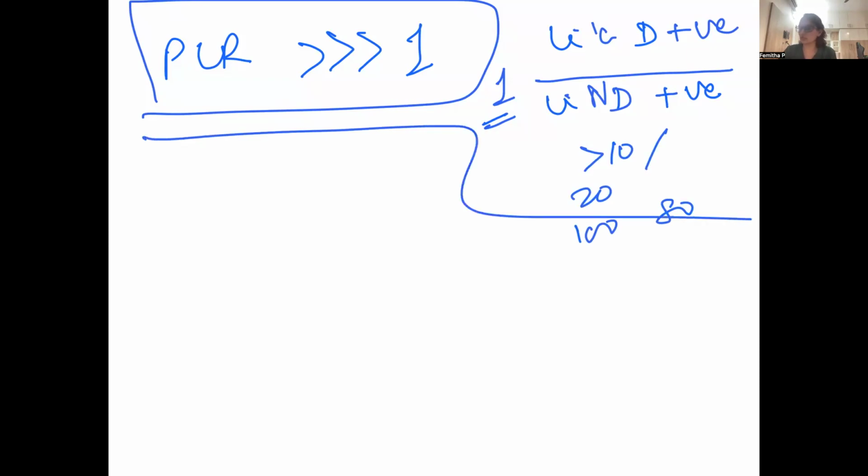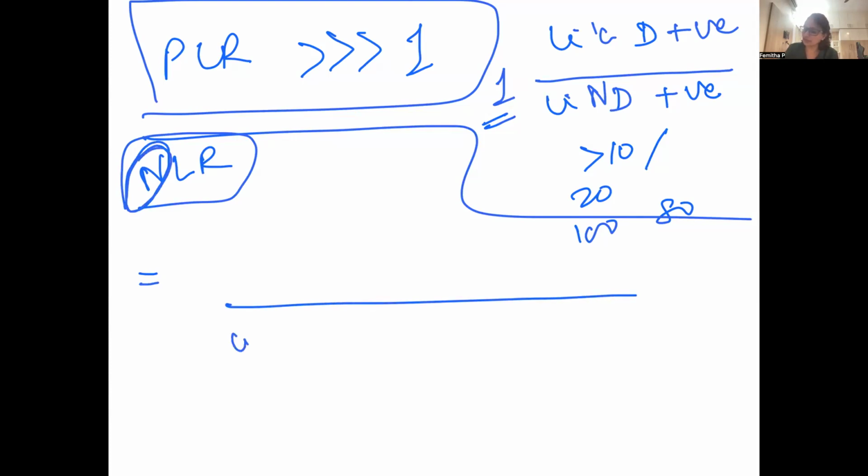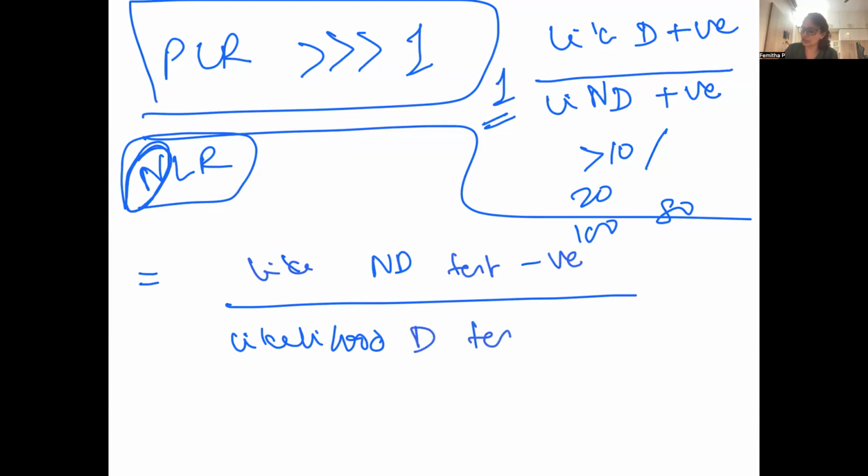So the reverse of that also makes sense. That is the negative likelihood ratio. Now let's define that in English again. For the negative likelihood ratio, the numerator and the denominator will have test negative as the result. So it is the likelihood of a non-diseased patient getting a test negative divided by the likelihood of a diseased patient getting a test negative.